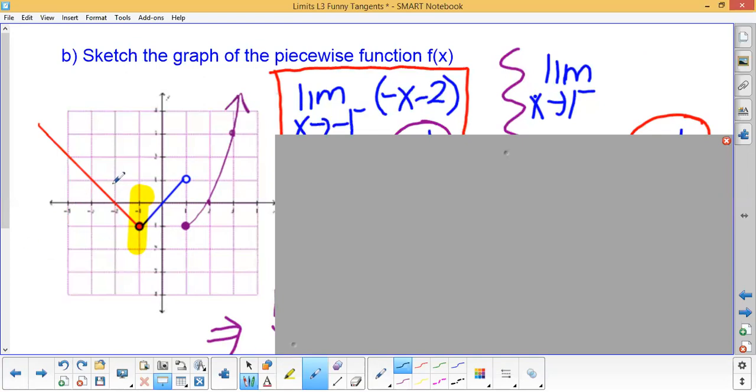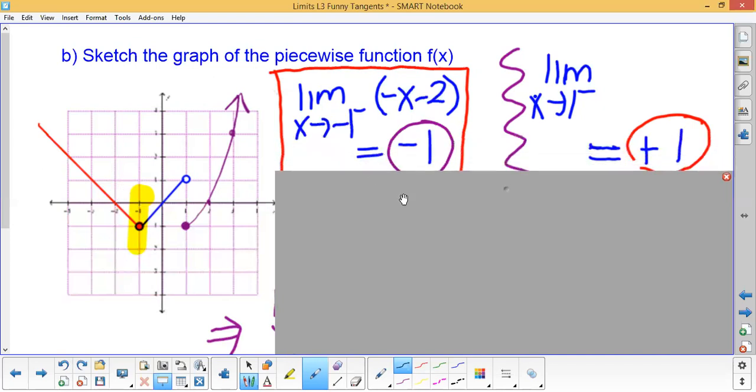And as I'm approaching from the left, negative x minus 2 is approaching negative 1. My second graph is the function x. So you can see that as we are approaching negative 1 from the right, we're dealing with this function.